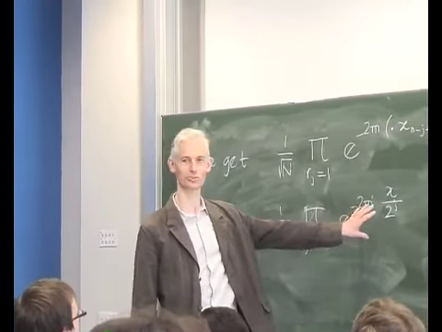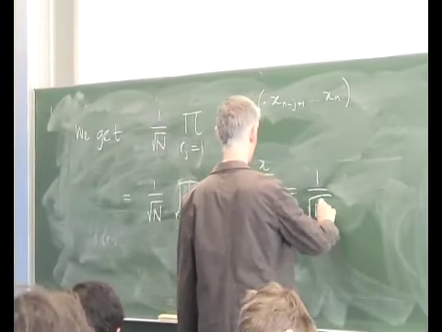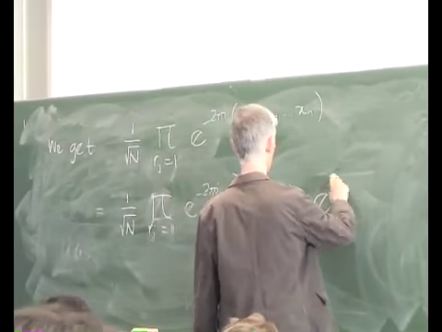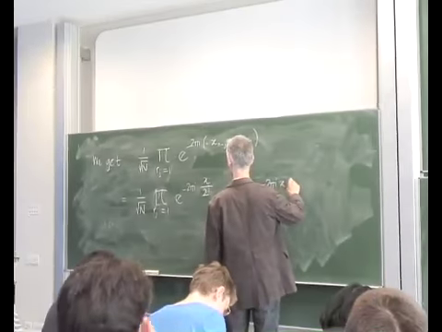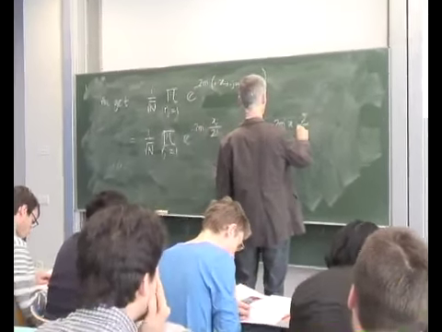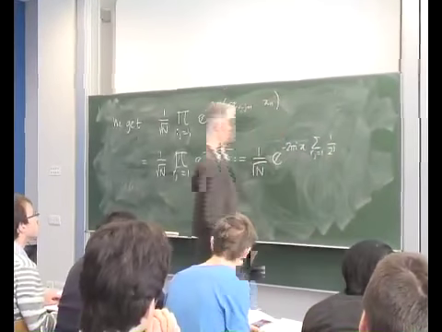Products outside exponentials are quite nice things, because they tell us to sum inside exponentials. So let's do that. e to the minus 2 pi i, take an x outside, sum over Rj equals 1 of 1 over 2 to the j.